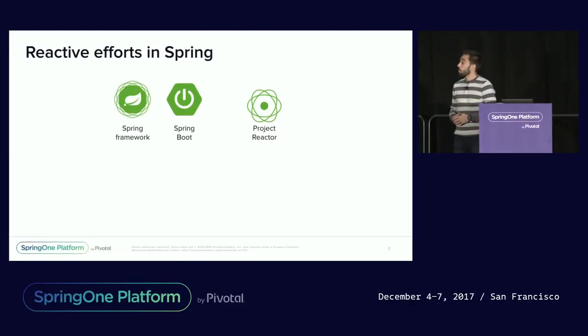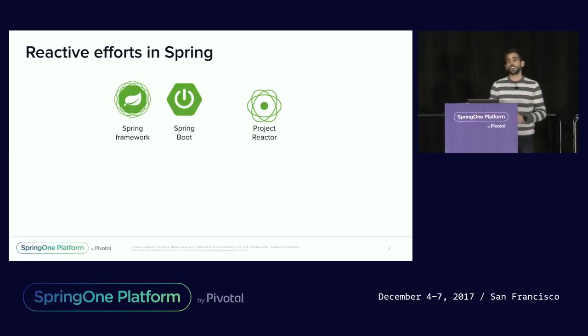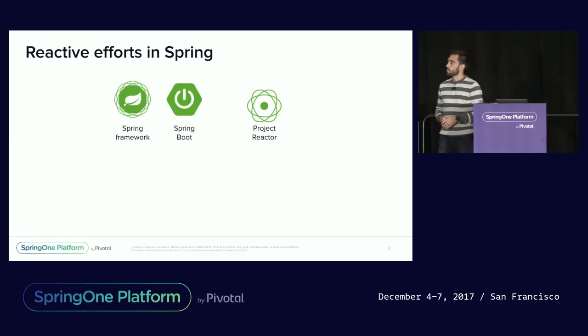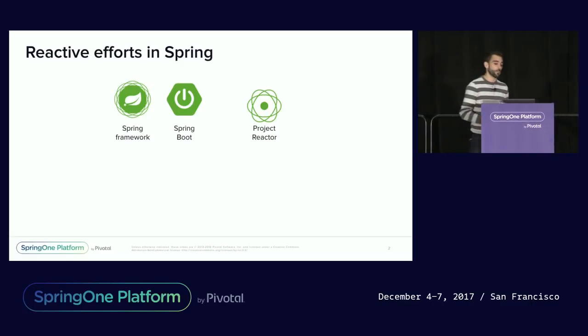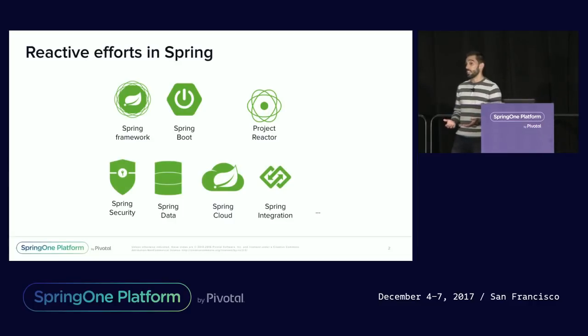All right, so I guess that you have heard a lot about reactive support in the conference. In every single time slot, you had a reactive talk, right? And it's actually amazing the efforts towards Spring 5 and Spring Boot 2, leveraging Project Reactor, not only on the core, but also on all the projects in the portfolio. But then we jump into the web layer. And what do we have?